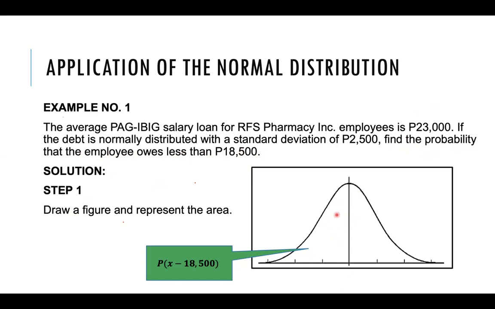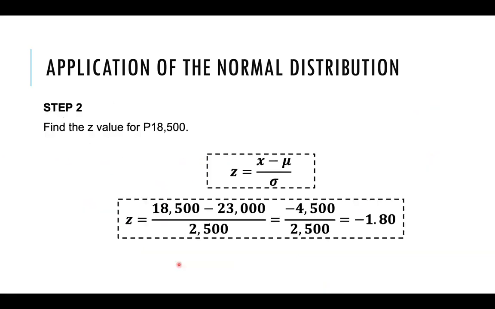This is the normal distribution curve, and the given x value is 18,500.